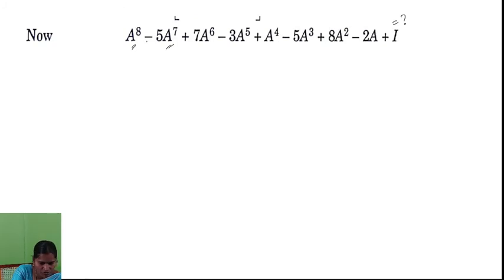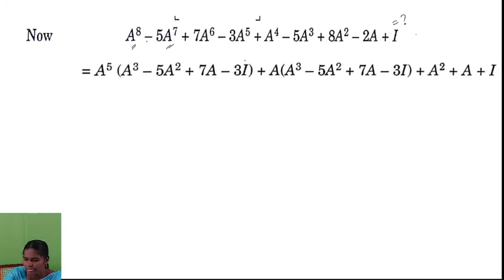The only tool we have is A cube minus 5A square plus 7A minus 3I equal to 0. So this is the only term we have. So we will try to express this equation as a multiple of this equation.